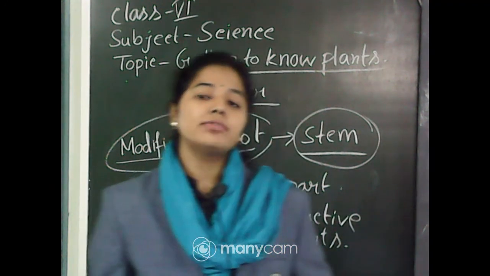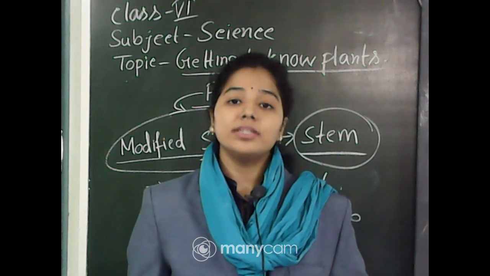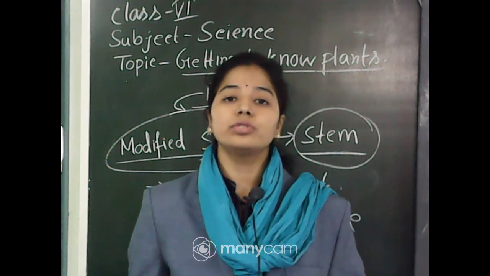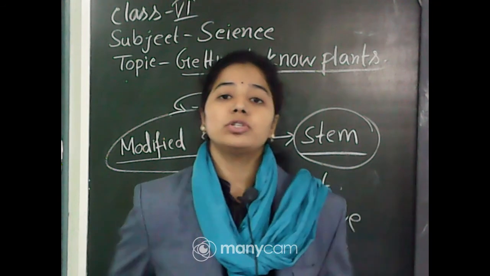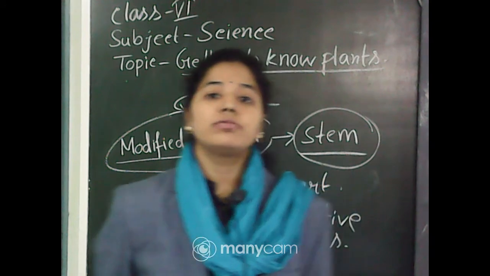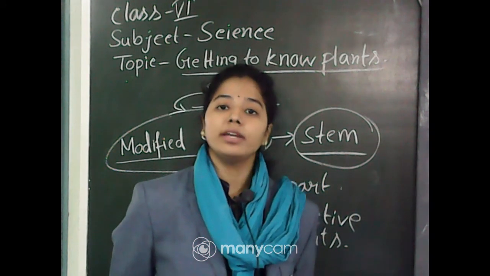It must contain some parts that help in reproduction, meaning the formation of a new progeny or new generation, the formation of a new plant from a seed. So, this flower plays a major role in reproduction in flowering plants.